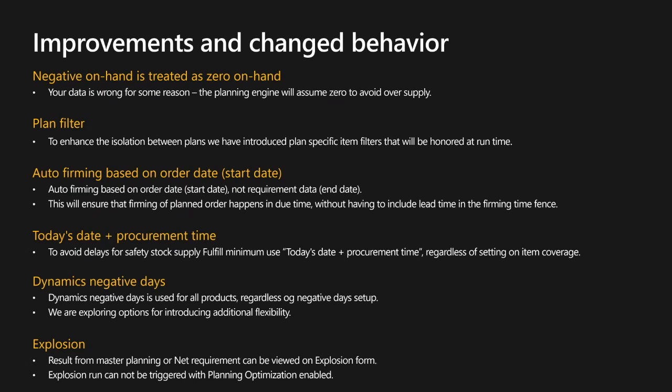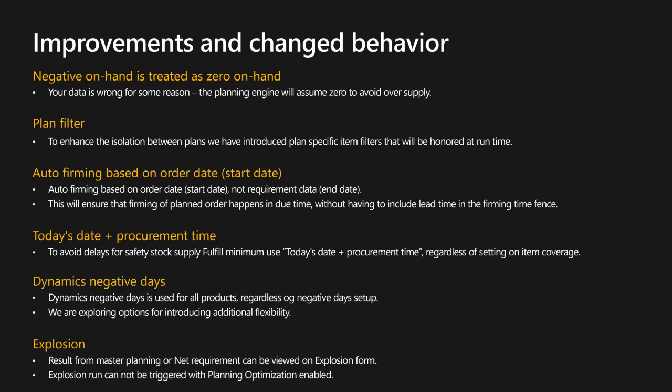And this is basically done because we had a lot of customers complaining about delays because it was set to today's date only, not plus procurement time. And also, what we're seeing is that I would say 99.9% of all the customers we talked to have been super positive about this change because they didn't actually realize that they were getting a lot of delays and the setup was very confusing.